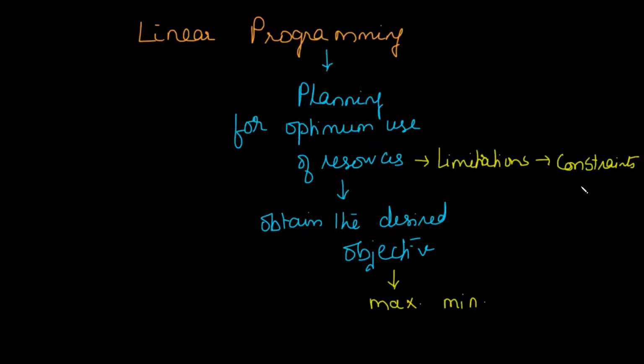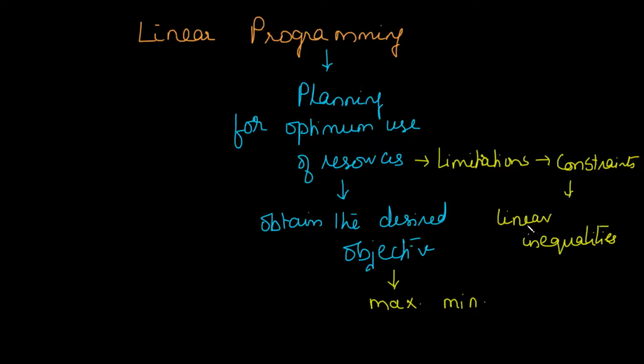Now in mathematics, in this chapter, what we are going to do is convert these constraints into linear inequalities. And then using these linear inequalities in the graph, we are going to obtain the feasible solution. Thus, we are going to optimize our problem. So that is what we are going to do.